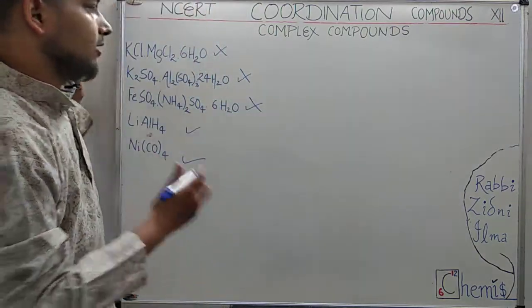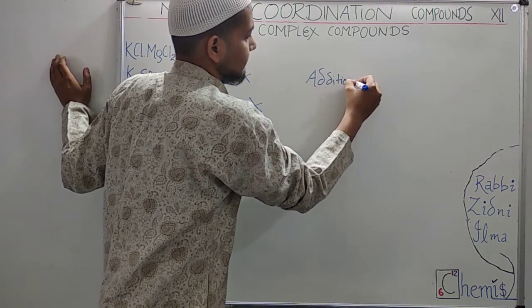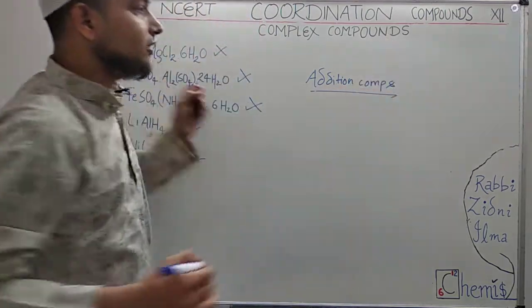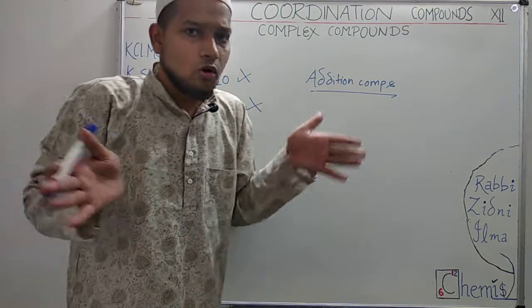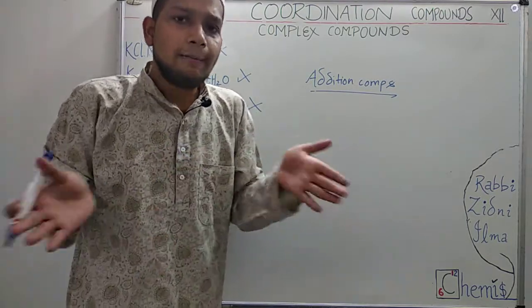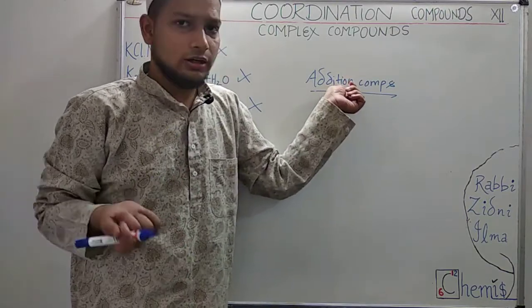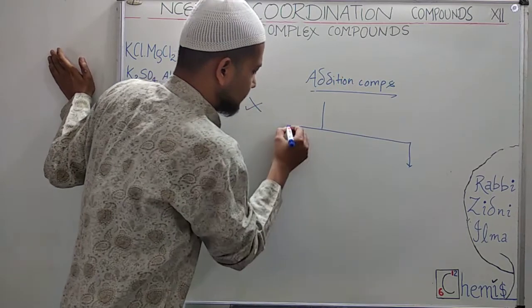Now first of all, there is a term called addition compounds. Addition compounds are basically the mother of all compounds. When 2 or more than 2 salts combine with each other and form a crystal, then we call them addition compounds. These addition compounds are of 2 types.